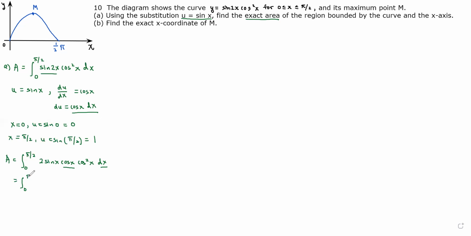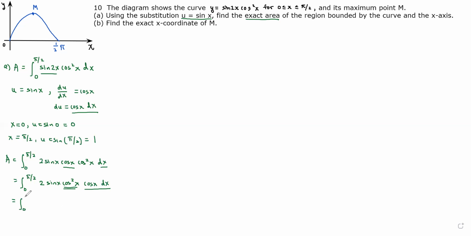So we integrate 2 sine x cos square x, and we have cos x dx. That changes to du, and u is sine x. We have cos square, so we use the fundamental identities of trigonometry and change cos square to 1 minus sine square.